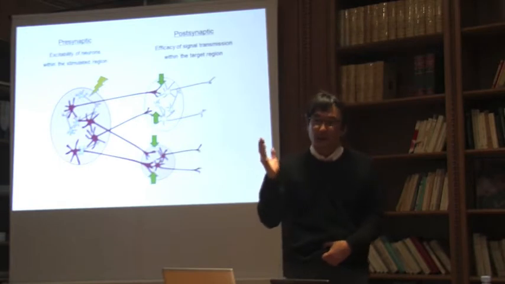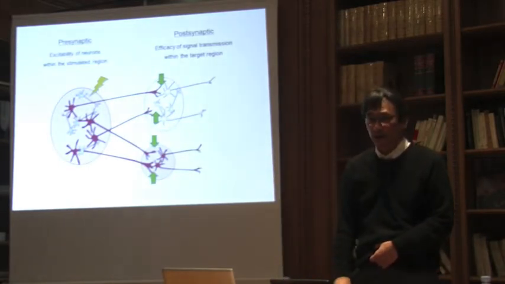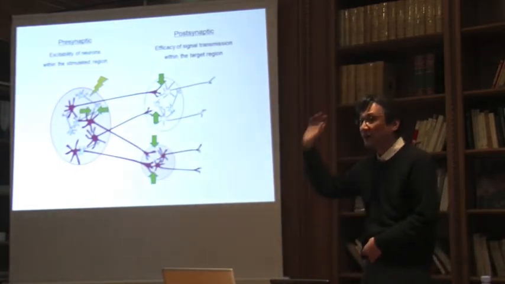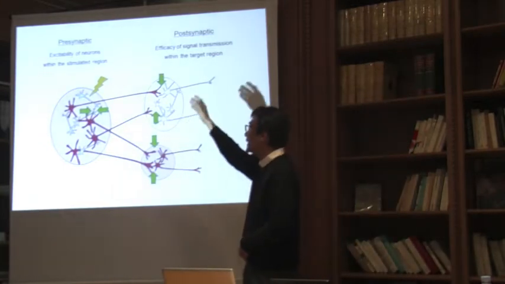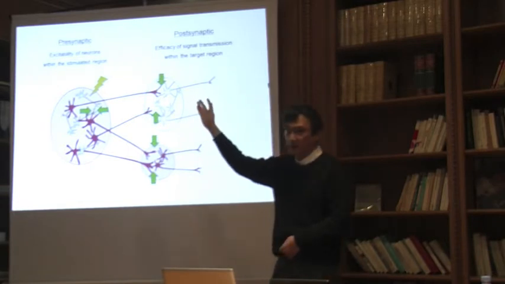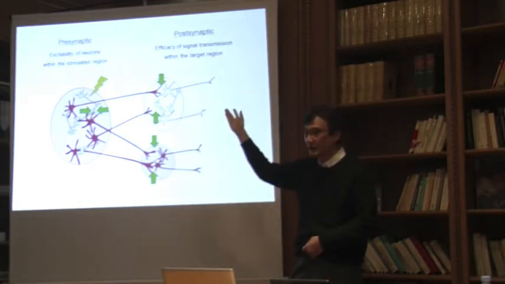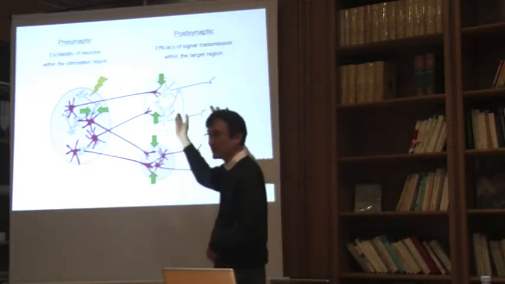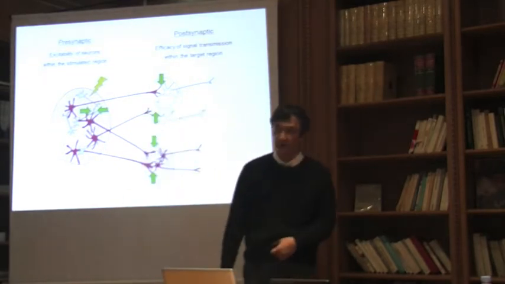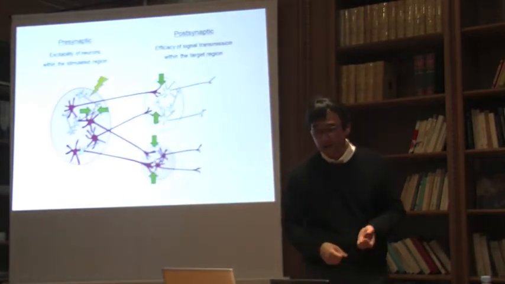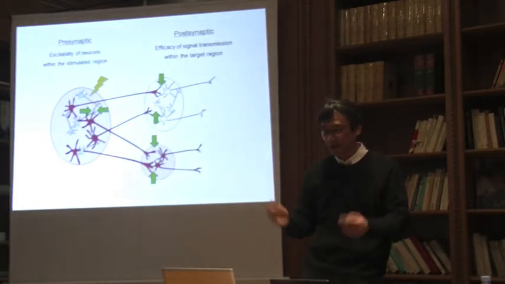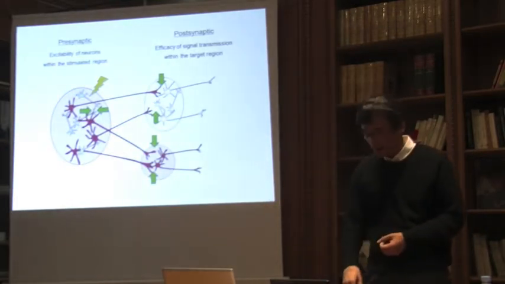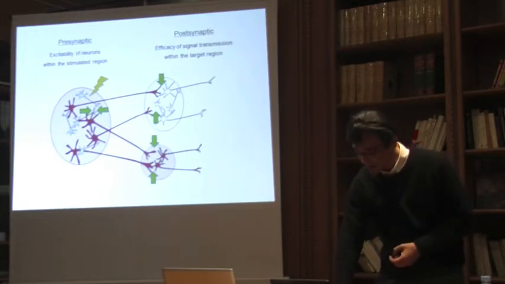Given that TMS stimulates the afferent fibers coming into the stimulated region, this pattern may reflect a change in the synaptic transmission within the stimulated region. So there are many possibilities. But still, I think we can obtain some interesting findings, so I'm going to explore these techniques more.